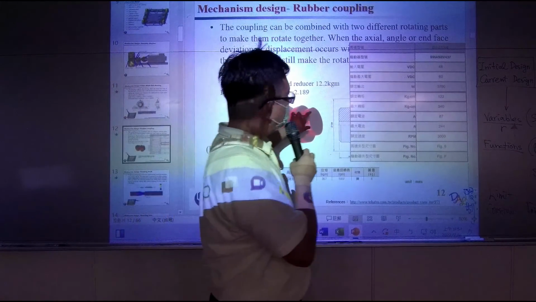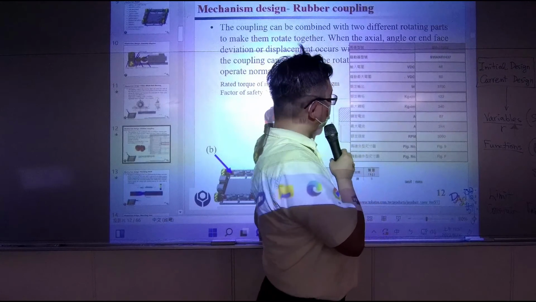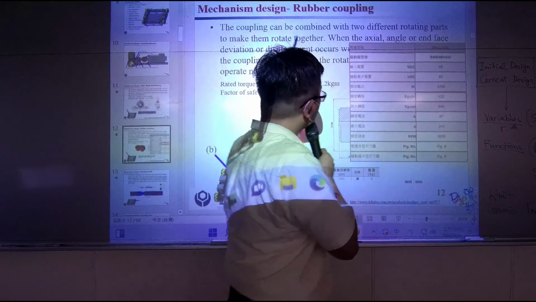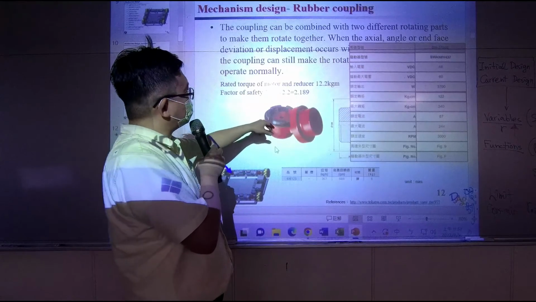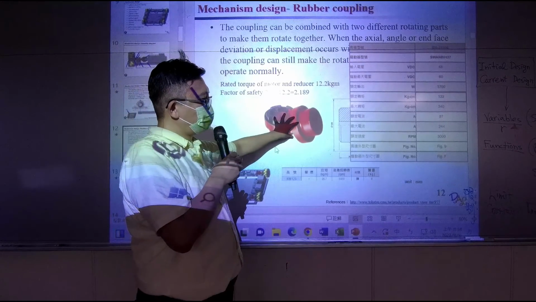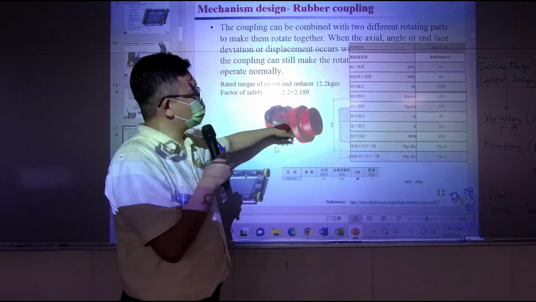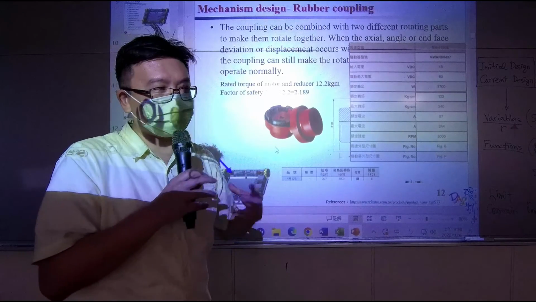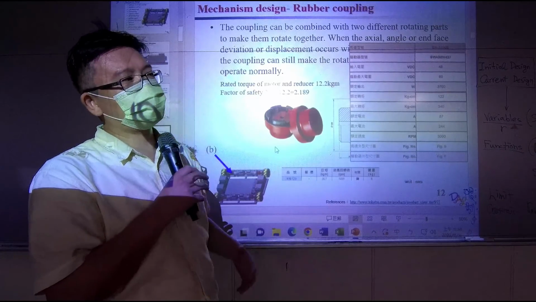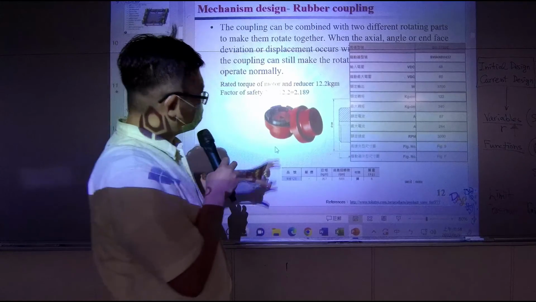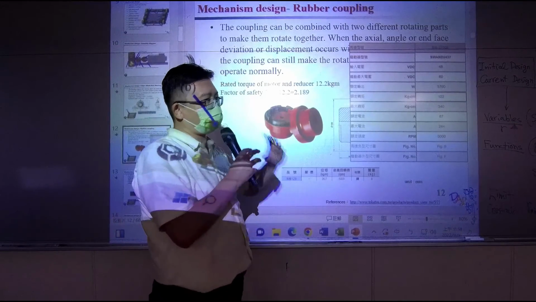So there is a rated torque provided by the manufacturer. She also needs to calculate what's the maximum torque this motor is generating, and this has to be chosen properly.